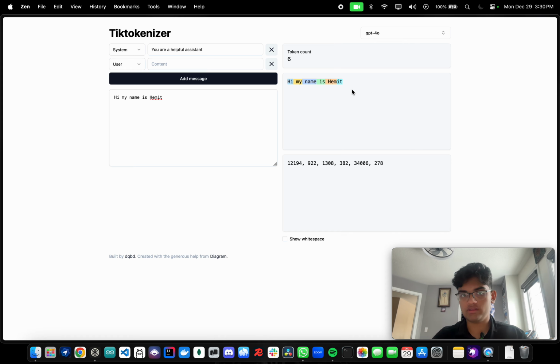And also, if you get some sort of novel word like Hemet, which doesn't come up in the English language that much, you won't know how to tokenize it, because there isn't any token which can be associated with that specific word and that specific text. So instead, what we do is something called sub-word tokenization.